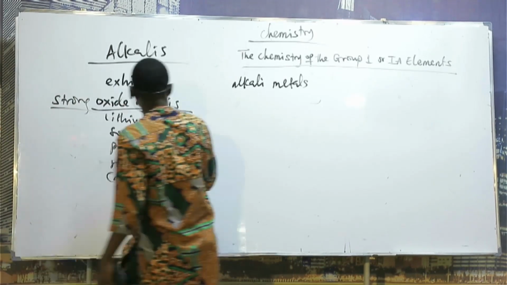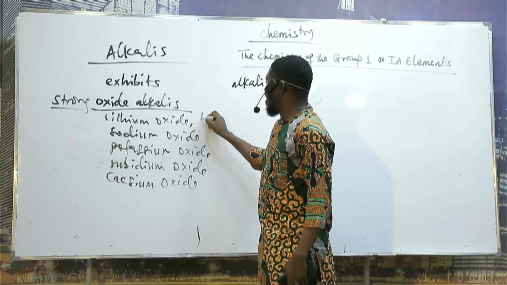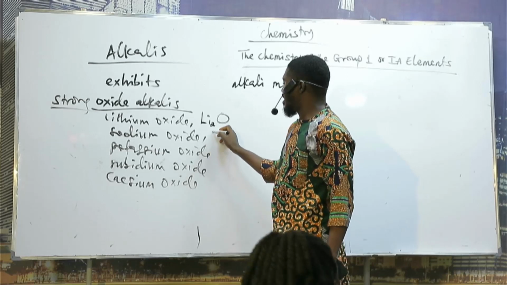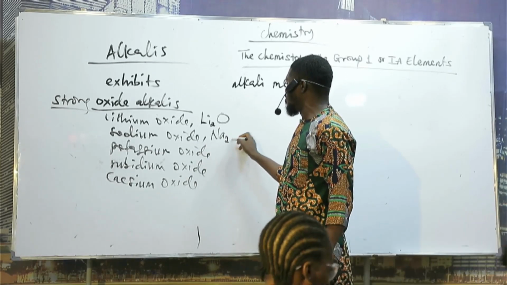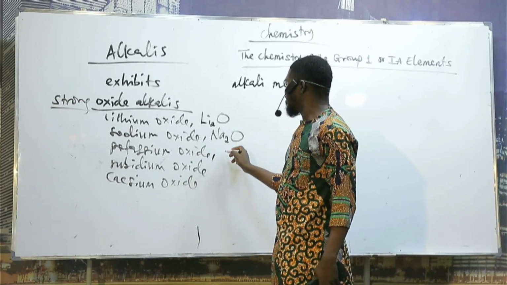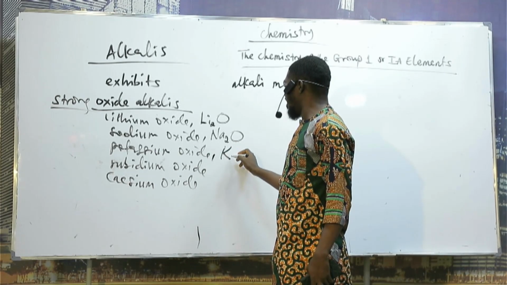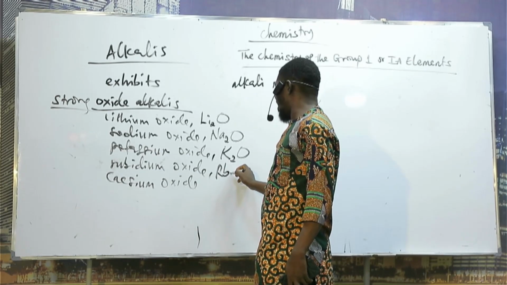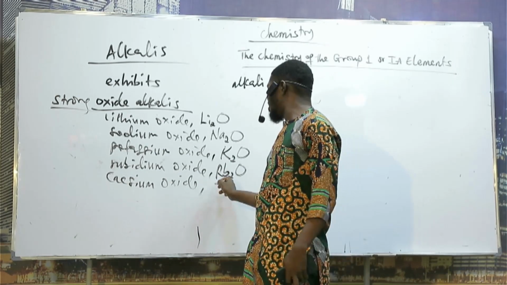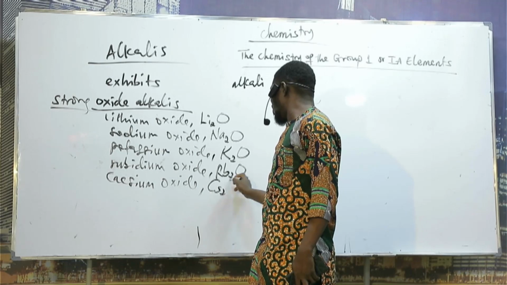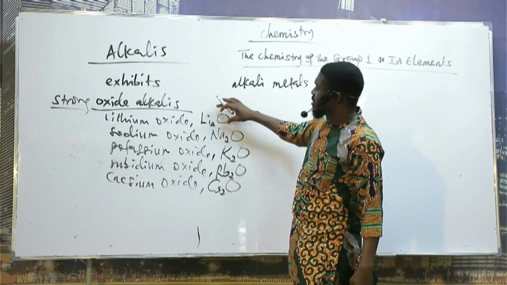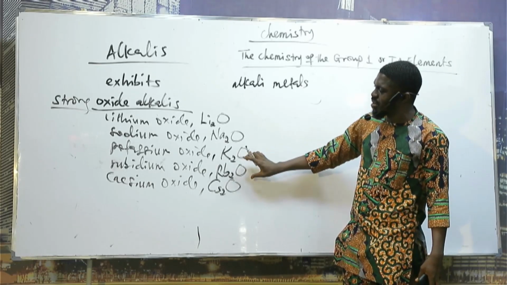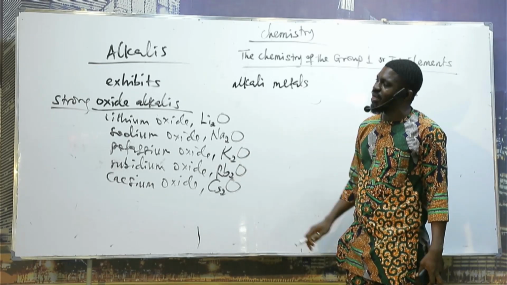What is the formula for this one? Li2O. What about this one? Na2O. K2O. Rb2O. Cs2O. Lithium oxide, sodium oxide, potassium oxide, rubidium oxide, cesium oxide.